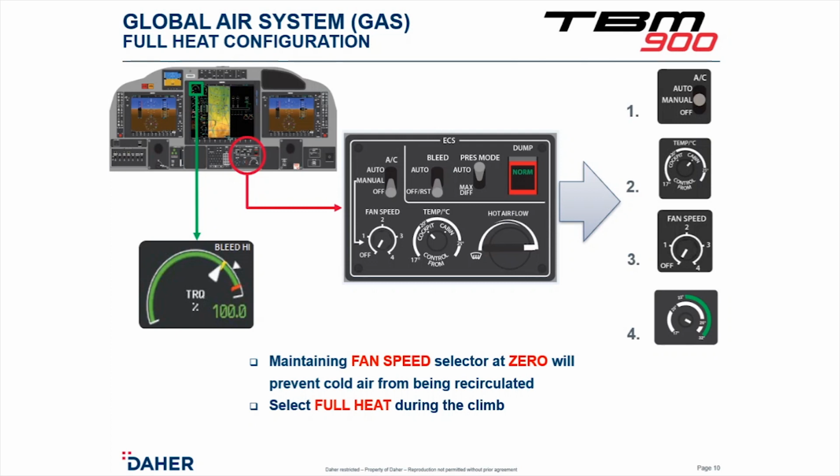This comes from the cooling circuit overhead. Put all temperature selectors to full heat during climb to help minimize cold soaking. And then once you reach cruise, you may choose to increase the temperature as needed depending on which area might be the coldest.